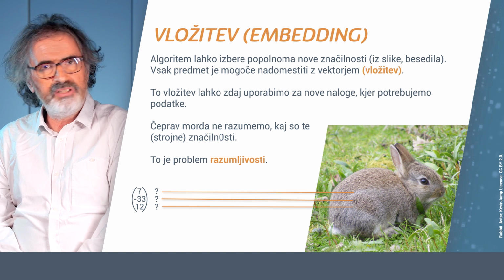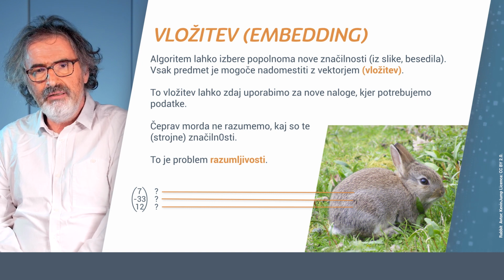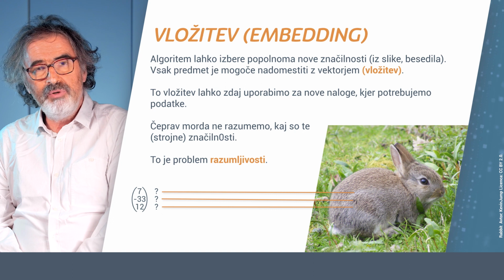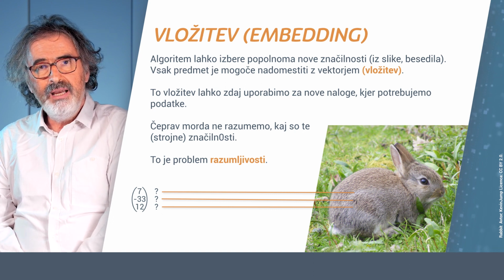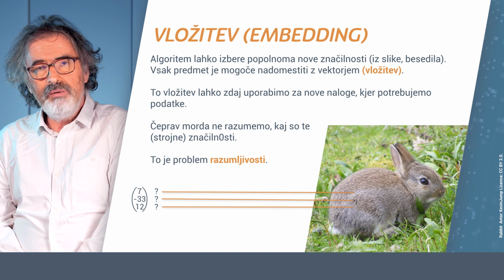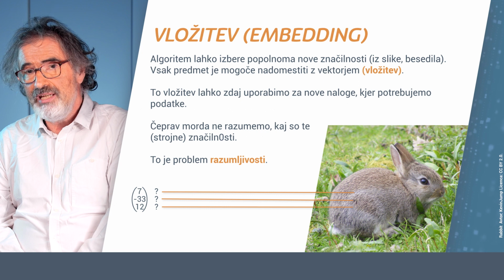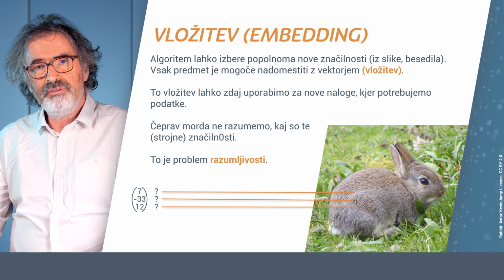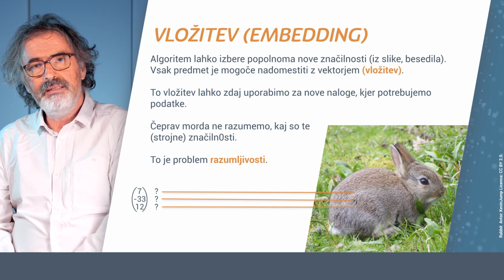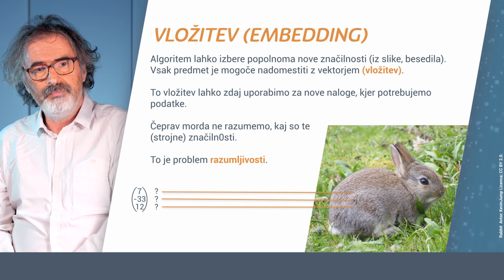The algorithm will just take some raw data. In the case of the rabbit, it will just take the set of pixels, so the image itself, and upon this image, it will build the features that it will need in the machine's language to be able to perform the task of machine learning that it wants to do.